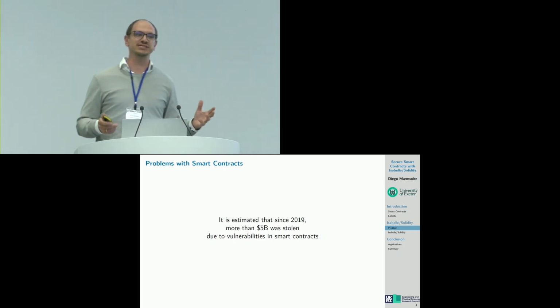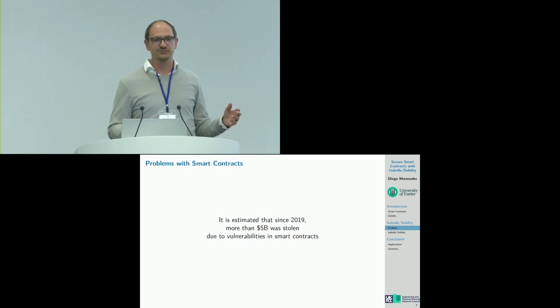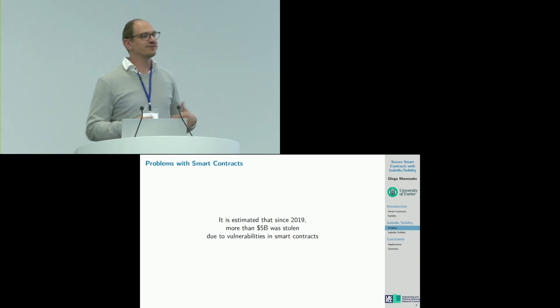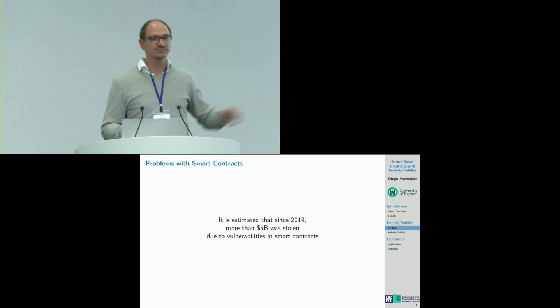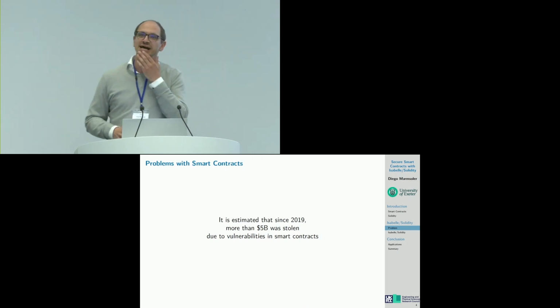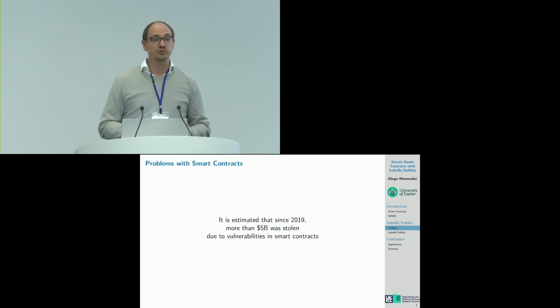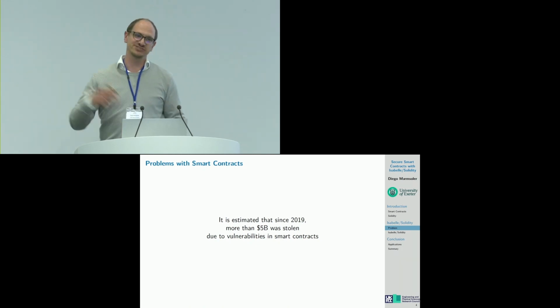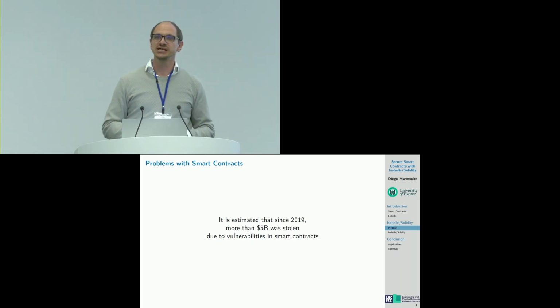A very famous example is the DAO attack from 2016, where a vulnerability in an Ethereum smart contract was exploited in the fallback function. It was a problem with the fallback function. And this resulted in a loss of approximately $60 million and a subsequent fork of the blockchain.